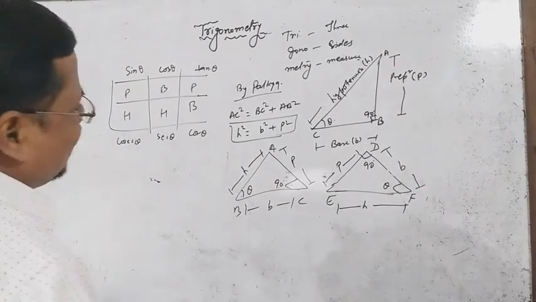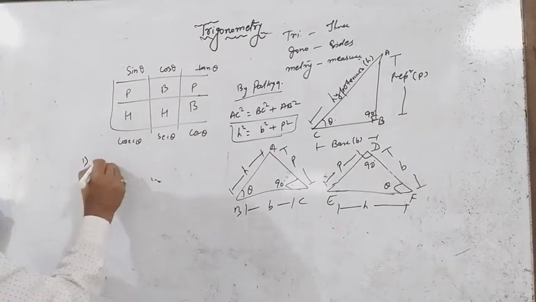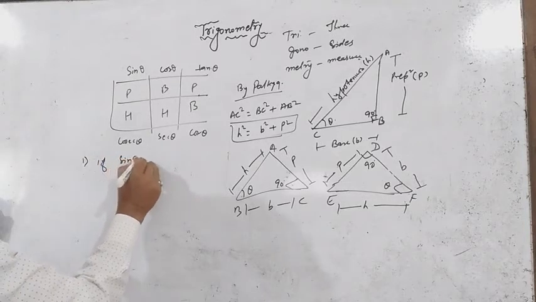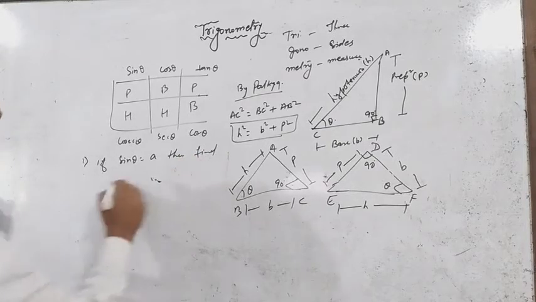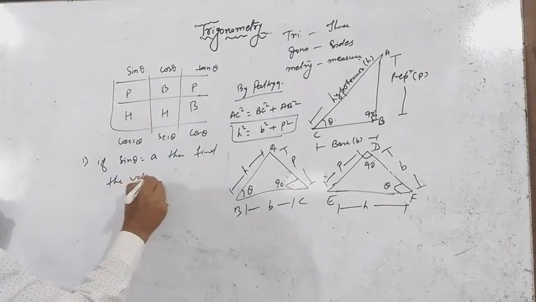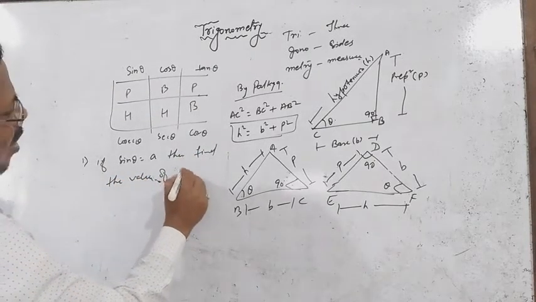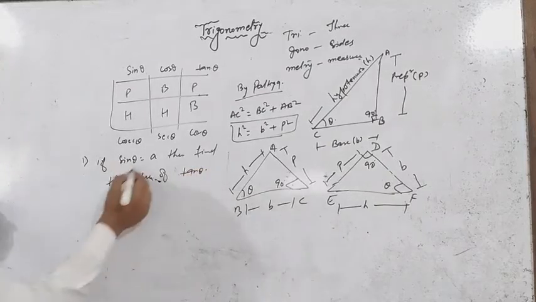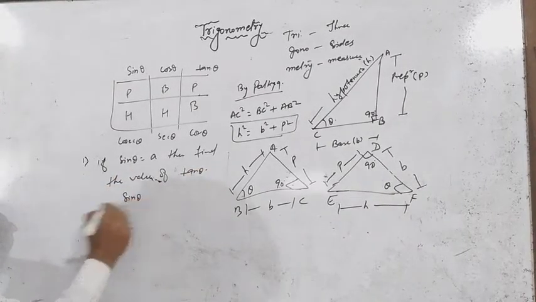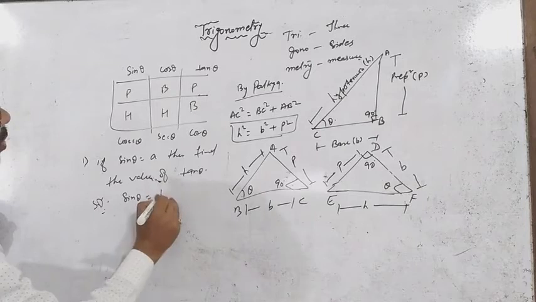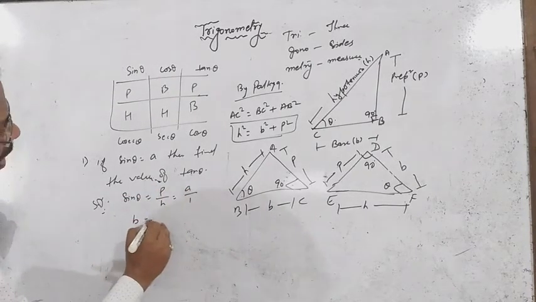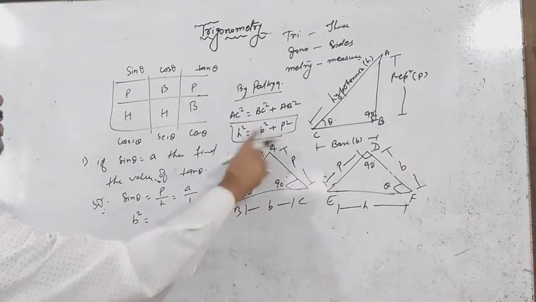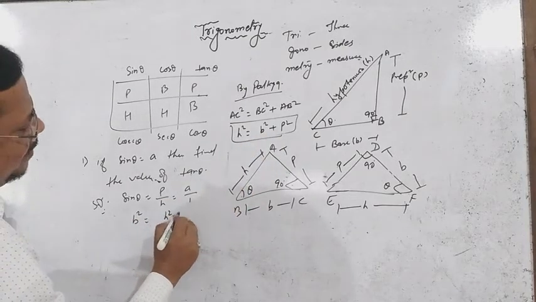Next, for example, if sin theta equals a, then find the value of tan theta. Solution: sin theta equals P by H, that is a by 1. Then find B square, which is H square minus P square.